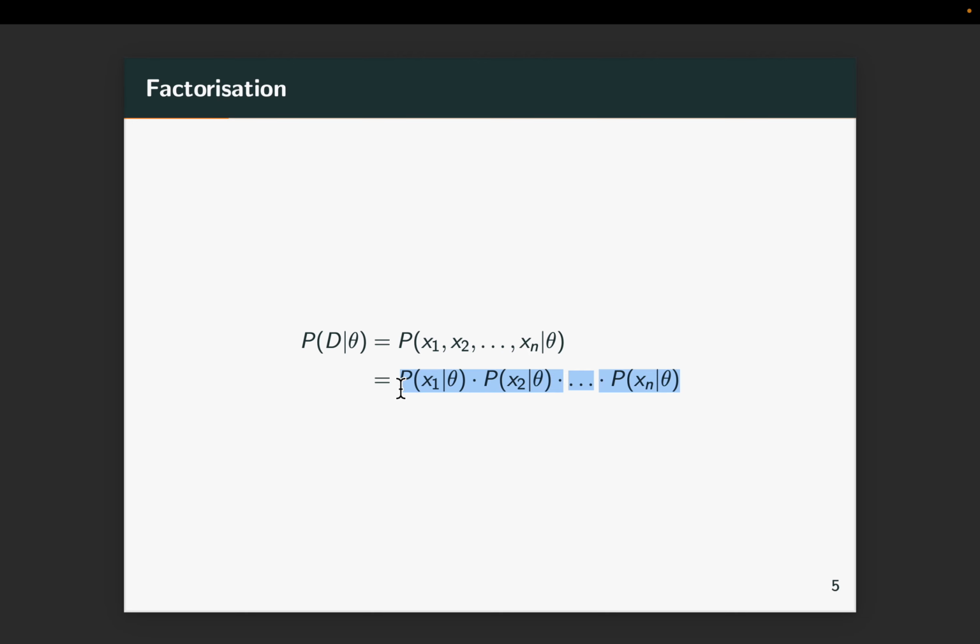The samples are all independent of each other, and where is the identical assumption coming in? All of them are using the same theta. So this is a significantly easier problem to solve than if we had certain dependencies. Then we would not have factors like p of x1 given theta; we may have factors of p of x1 comma x2 given theta. Those dependencies are very hard to handle.